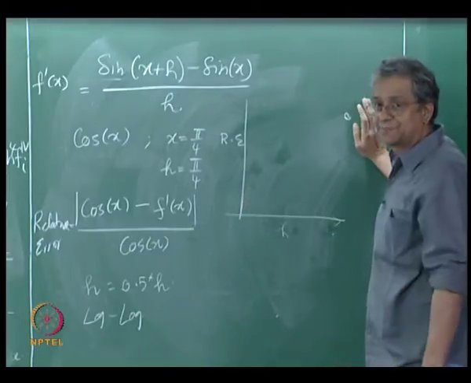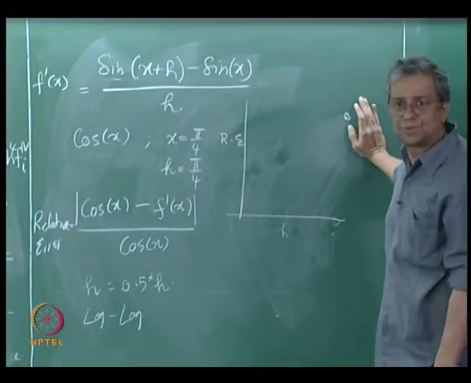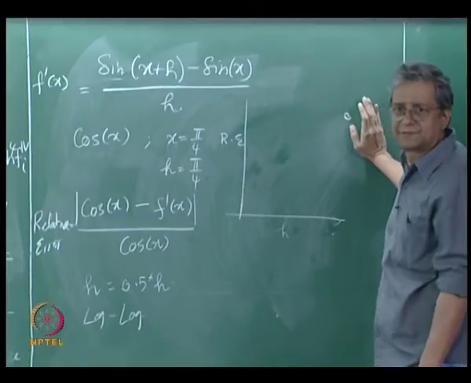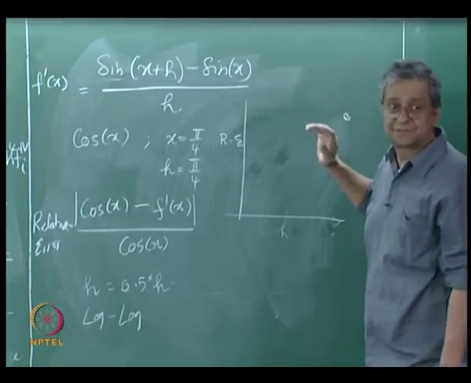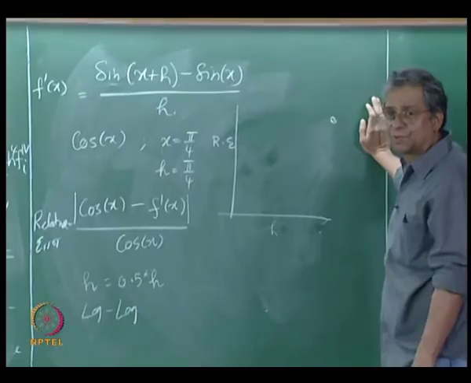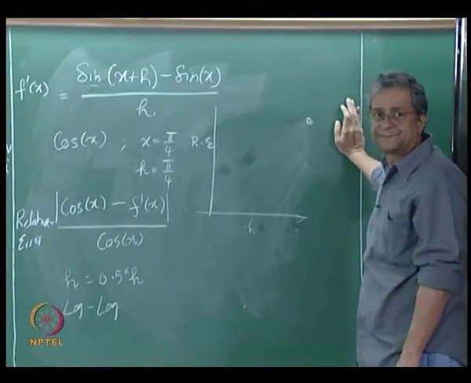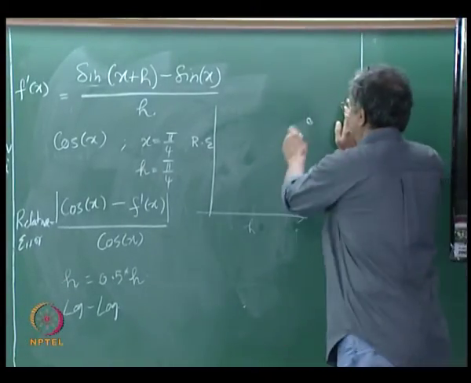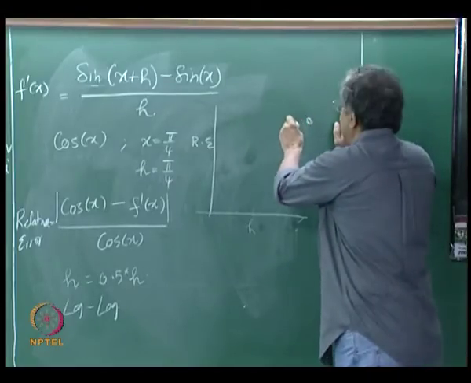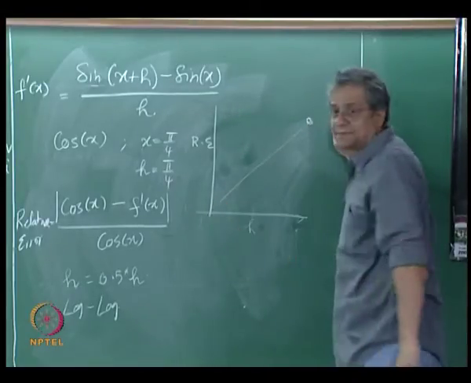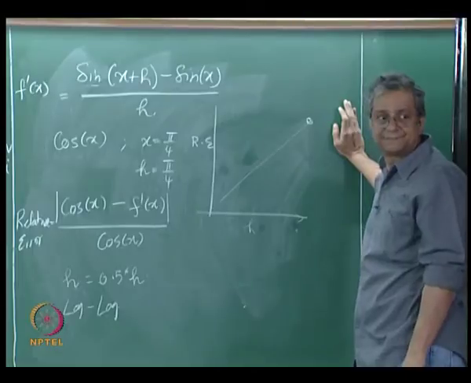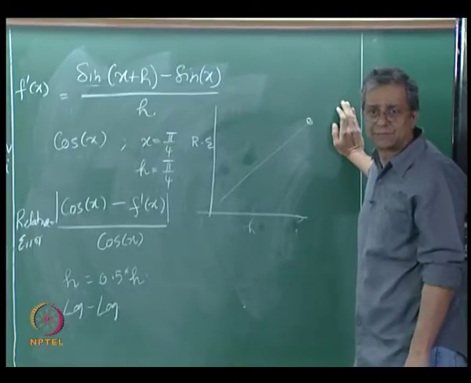So what is it that you expect, say for a first order scheme, for a forward difference? What do you expect the graph to look like? You expect a linear curve like that, something like that. Try it out and see what you get.